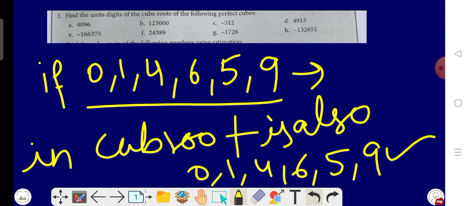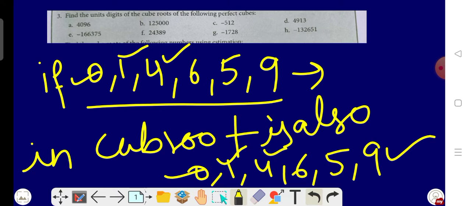Respectively means, beta, if the unit place is 0, then the unit place in the cube root is also 0. If the unit place in the given number is 1, then the unit place digit in the cube root is also 1. If the unit place digit is 4 in the given number, then the unit place digit in the cube root is also 4.